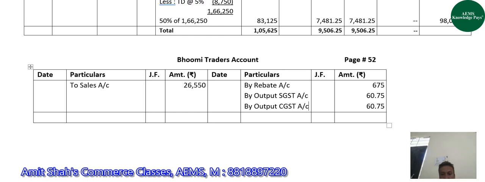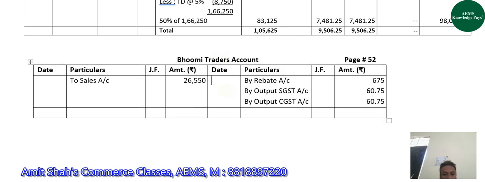So this is how we have given credit of 796.5 to Bhumi Traders. करिए फटाफट इसको guys, do this first. This one. Have you done this?